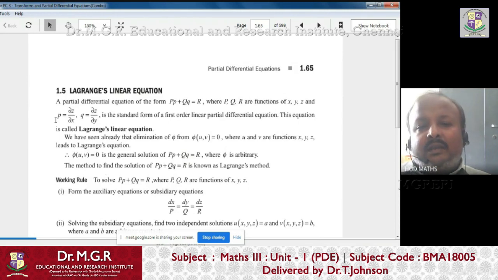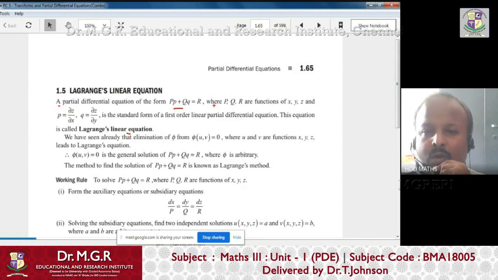So the definition says, what is Lagrange's linear equation or Lagrange's linear partial differential equation? Here they put equation, but it is not an ordinary equation. It is a PDE. A partial differential equation of the form Pp plus Qq equals R, where P, Q and R are functions of x, y, z, and small p and small q are dou z by dou x and dou z by dou y.